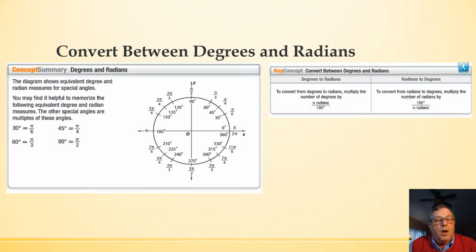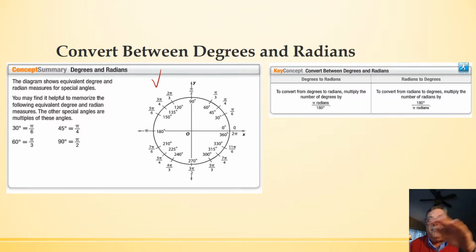Well, as we're working with angles and angle measures, we also have to consider and study how angle measures can also be described as radians. And the idea of a radian for an angle measure comes from this unit circle.